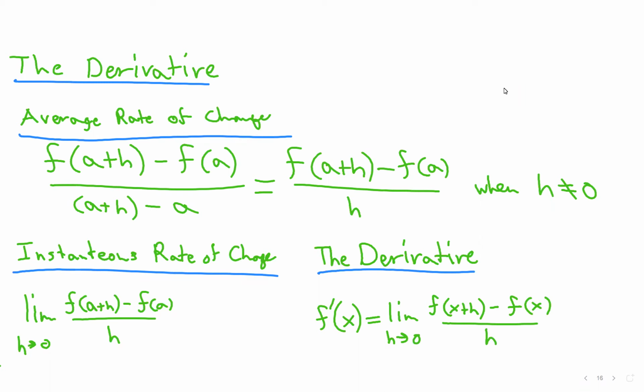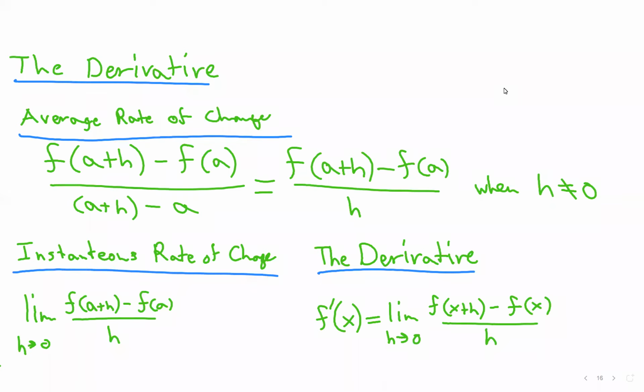And so you can take a look at some of the properties at a point by taking that limit as the difference between 2 points approaches 0. That's how we can get around looking at just 1 point or looking at the slope at just 1 point.